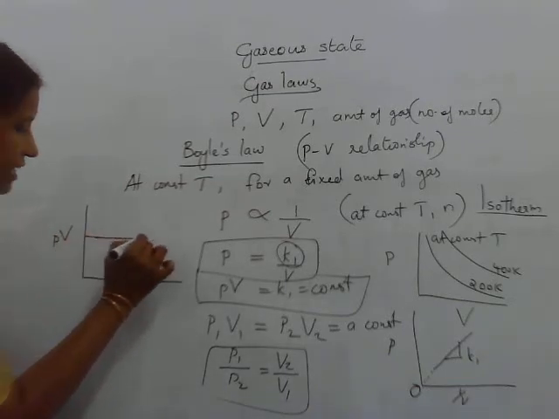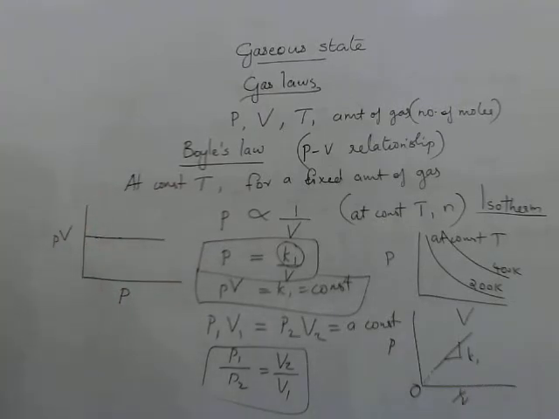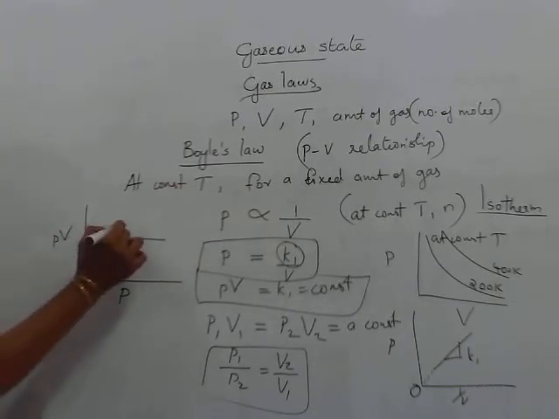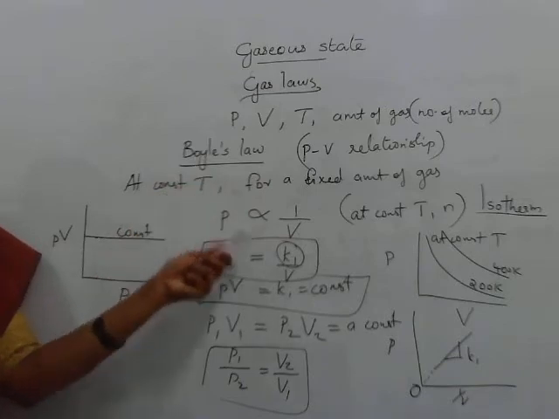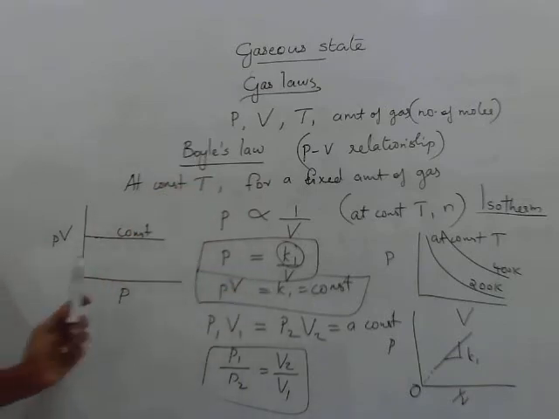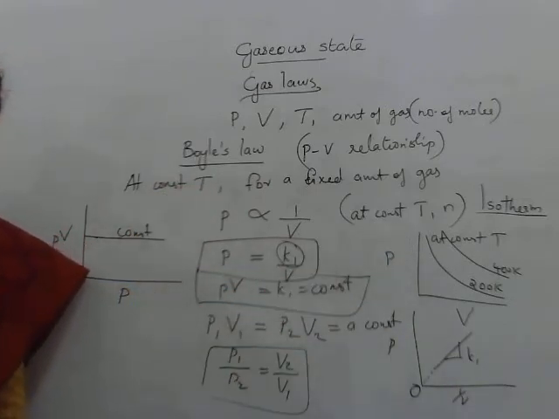We get a straight line graph parallel to the pressure axis. That means this value is a constant at constant temperature. This again represents Boyle's law. So this is Boyle's law, the mathematical expression and the graphical representations.